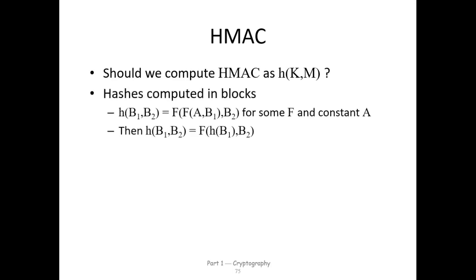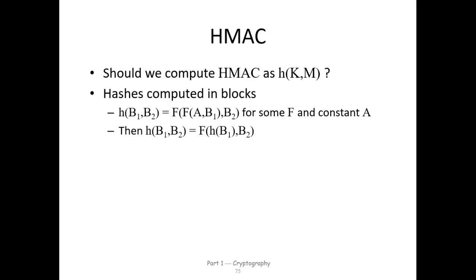Hash values are always computed in blocks. Let us take one example. H of B1 comma B2, where B1 and B2 are the blocks, may be considered in bytes or whatever the data, equals F, here meaning function, F of A comma B1, where A is a constant.